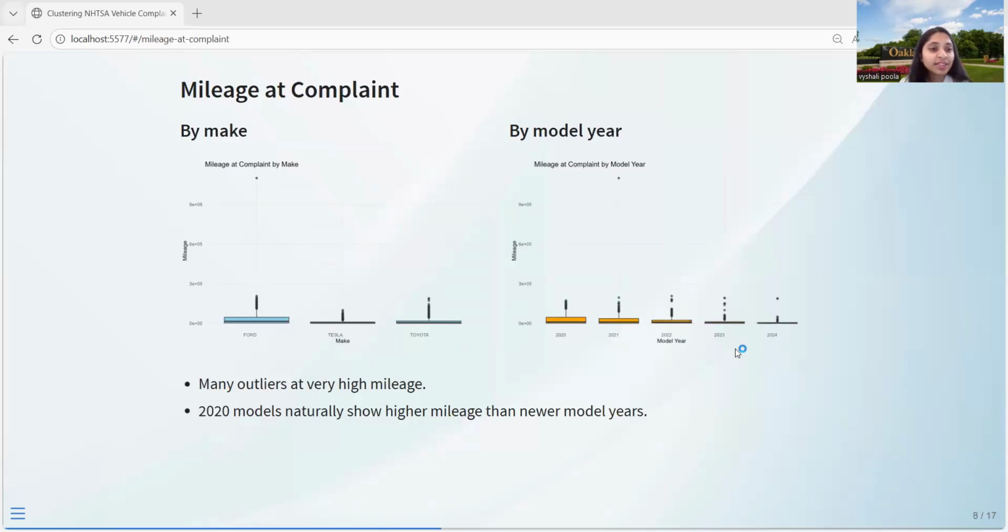When we look more closely by make and by model year, we can clearly see the mileage progression. Older model years naturally accumulate more miles, which shows up as higher medians in the box plots. These visual patterns gave me confidence that the mileage variable would help differentiate in the clustering analysis.